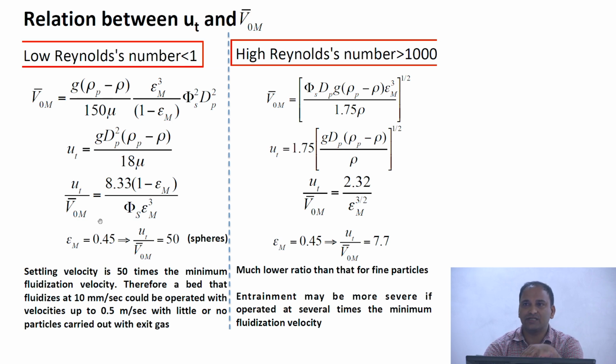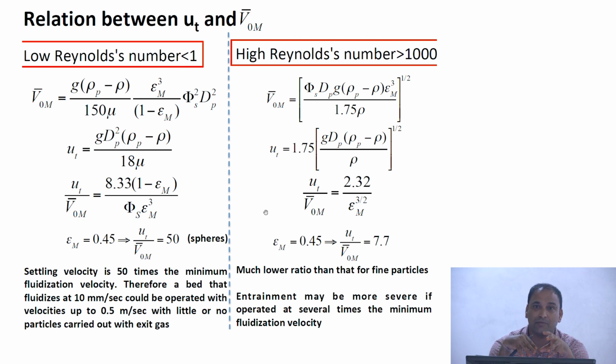The take home from this particular analysis was that you get a larger range of flow rates over which I can operate the bed in the fluidized condition, so that the entrainment doesn't happen. We said that for the particles to continue to remain in the column, I would have to maintain some fluid velocity.